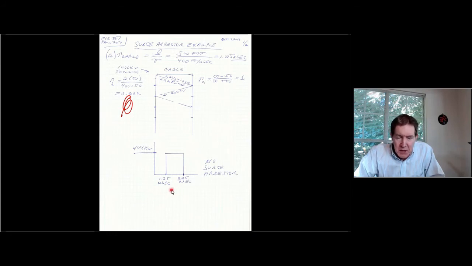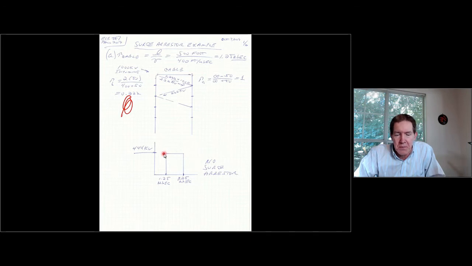At the far right-hand side, if time equals 0 corresponds to when the wave hits the left side of the cable, then I see something at the device I'm trying to protect at 1.25 microseconds.